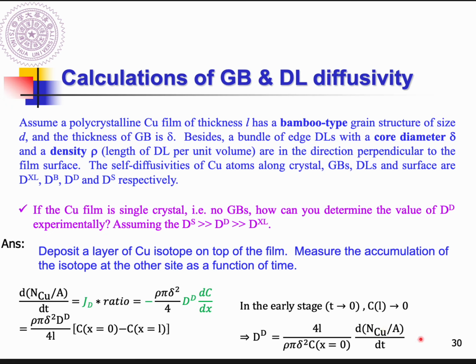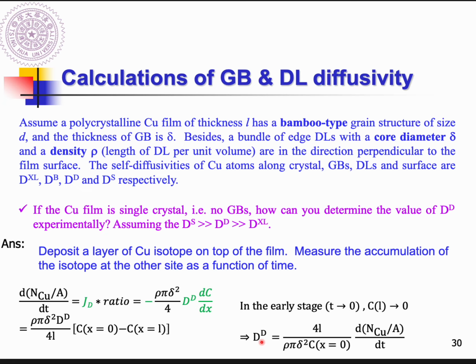Then you can fit that to get the average change rate of the isotope copper per area per unit time. So you can estimate Dd.